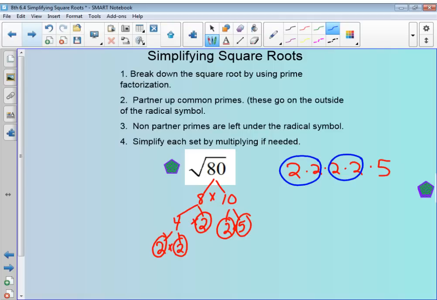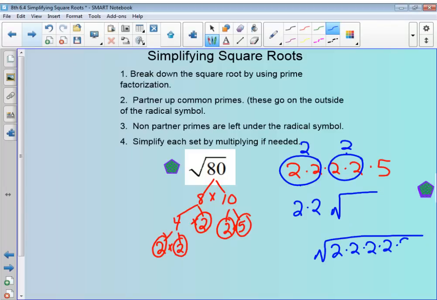Okay, so my pairs, I'm going to put on the outside of the radical symbol. So here's my radical symbol. And I have a set of 2 and another set of 2. So I have a 2 times a 2. Yes, you're only going to write this 2 one time. Why? Because underneath of this square root, this is what it looks like right now. Remember, the square root is the opposite of something squared.